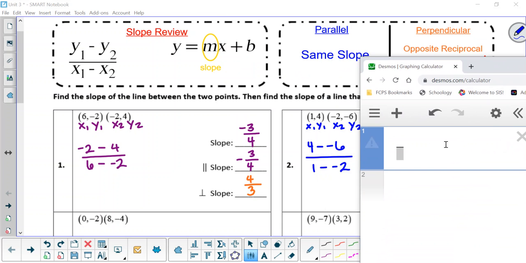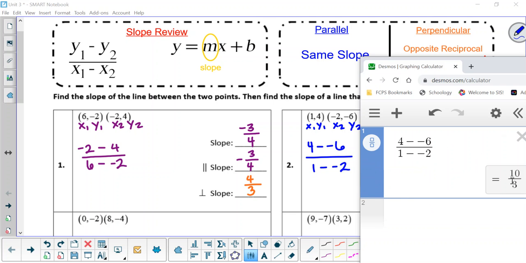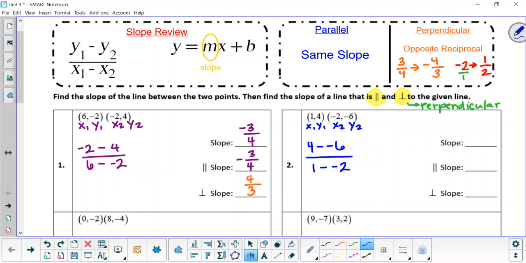So, fraction bar, 4 minus negative 6, 1 minus negative 2. No decimals. We hit our button. 10 over 3. So my slope for number 2 is 10 over 3.